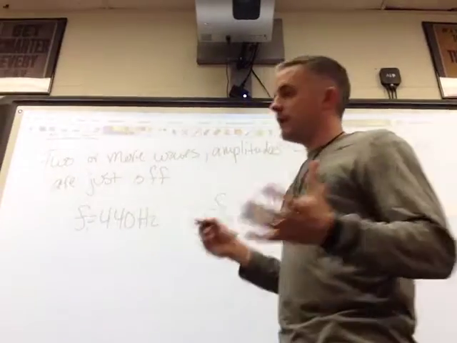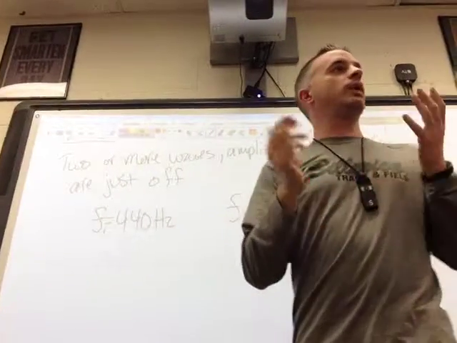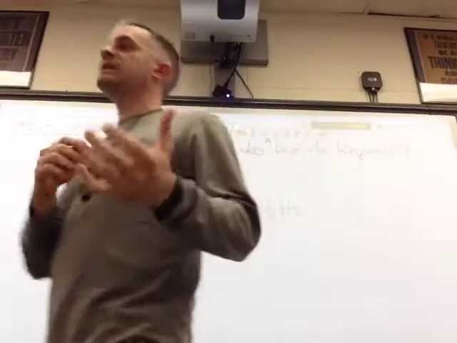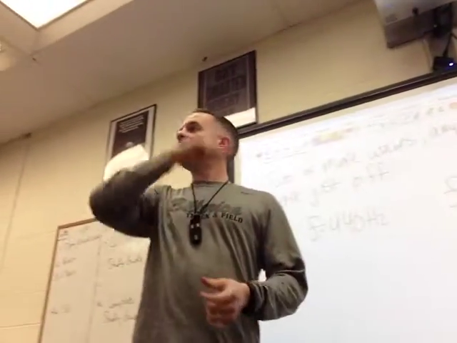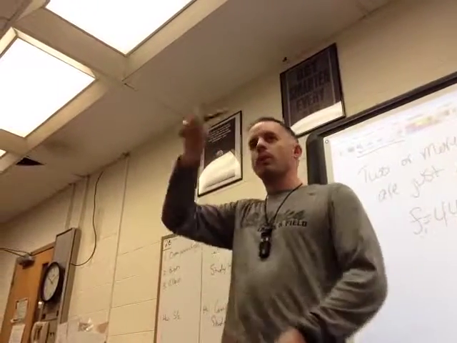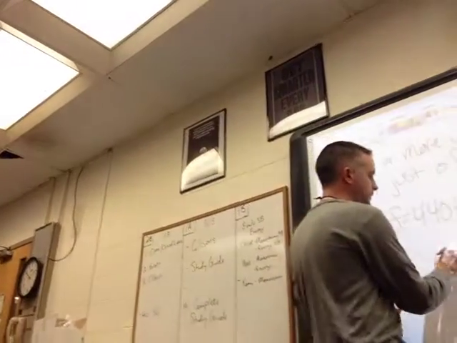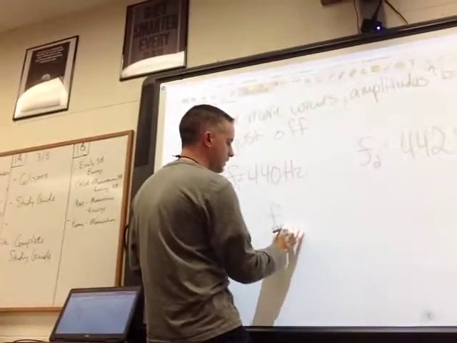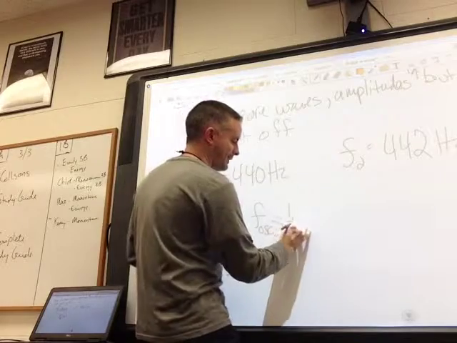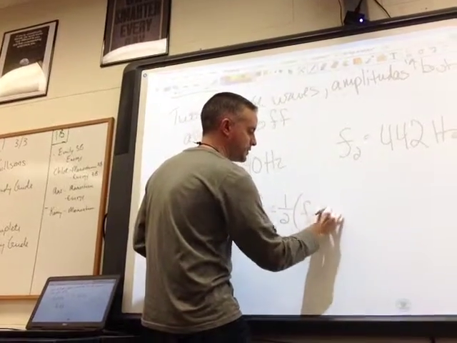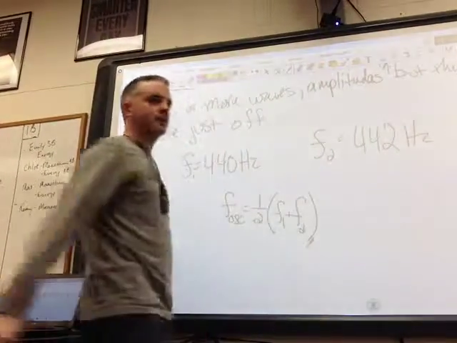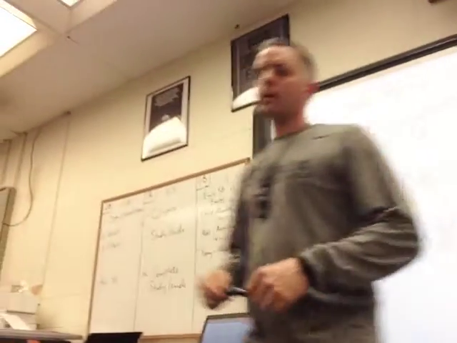Okay? The way you can find out a couple things is, one, you can find out the frequency of the oscillation. What is the frequency you hear going whoomp, whoomp, whoomp as it goes through? And it's very simple. The frequency of the oscillation is just the average of the two frequencies.